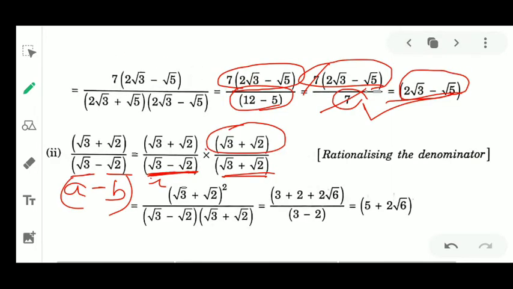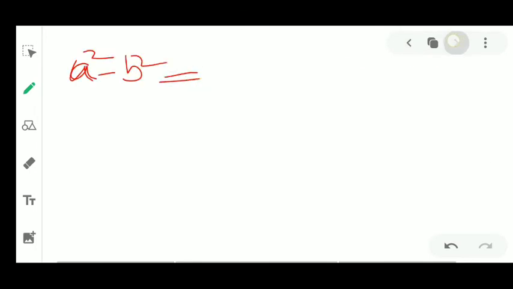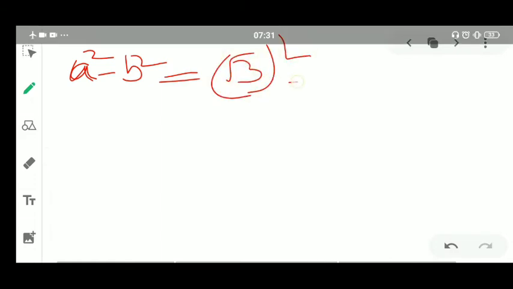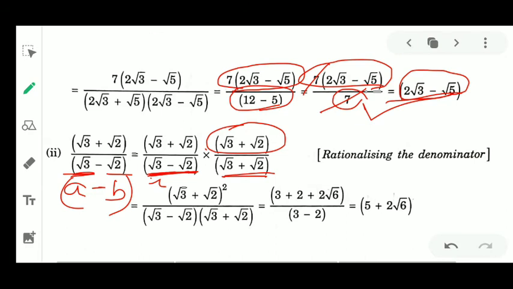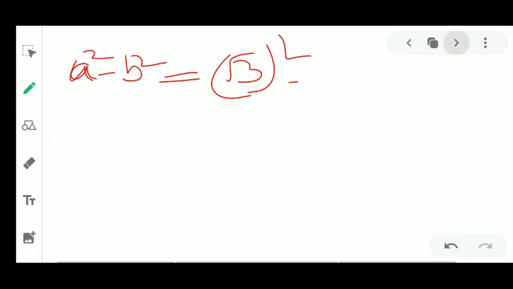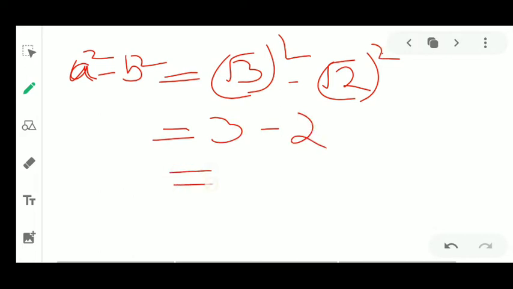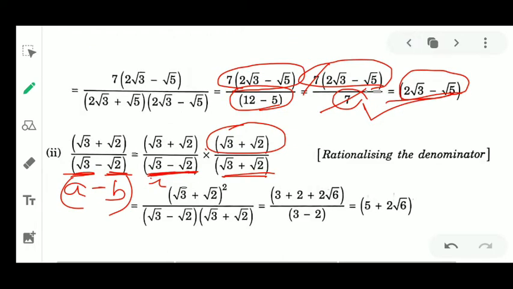The value of a is root 3, so root 3 square, minus the value of b, root 2 square. The root 3 square and the root cancel, and here the root 2 square and the root cancel too. So 3 minus 2 is 1. So the denominator is 3 minus 2 here.